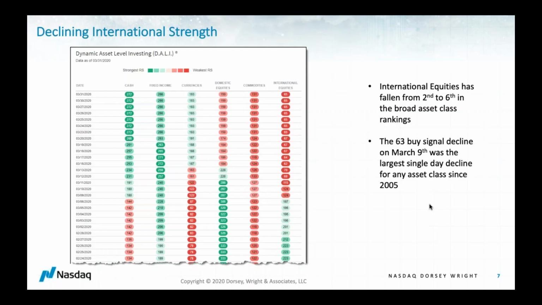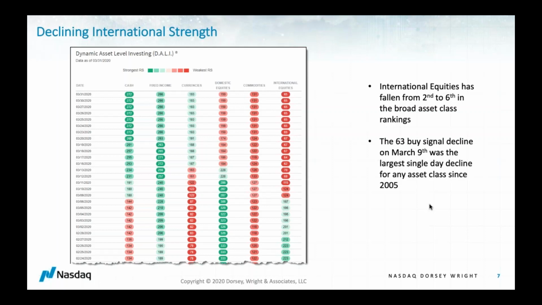We can see it fell from 2nd all the way to the 6th ranked position where it sits today. And if we look at a particular point there on March 9th, you can see international equities lost 63 buy signals, which happens to be the largest single day decline for any asset class that we have going back through the history of the DALI tool, which goes back to 2005.